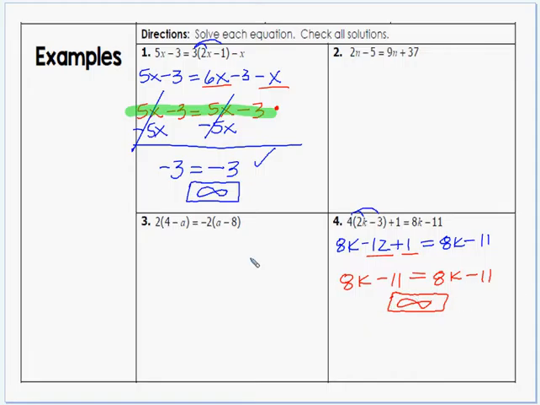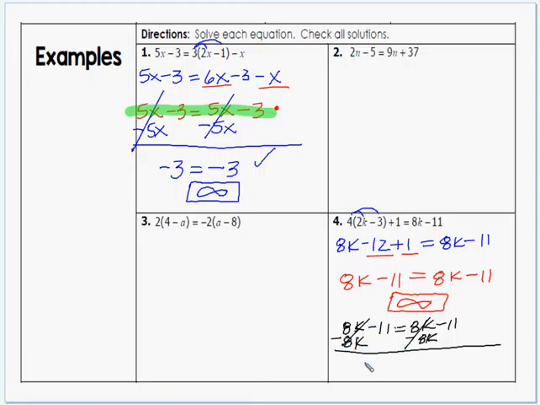If you needed to keep going further, then what this problem would look like is I would have 8k minus 11 equal to 8k minus 11, and I'd go about subtracting my k over, trying to combine my like terms.